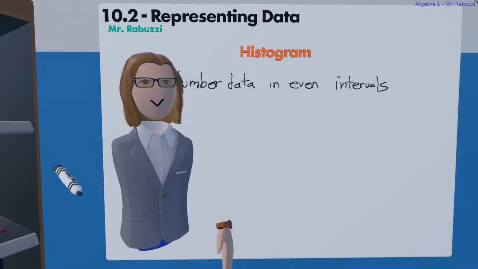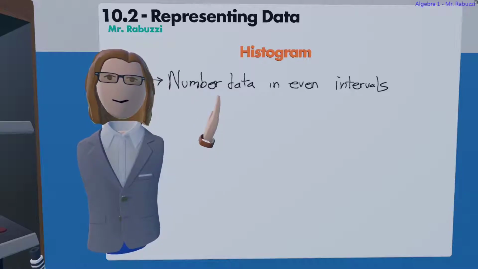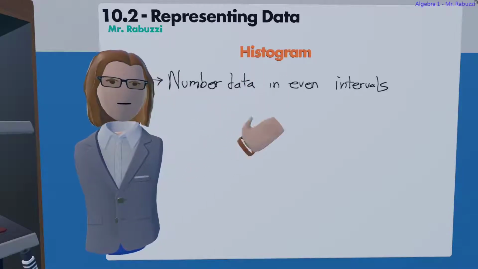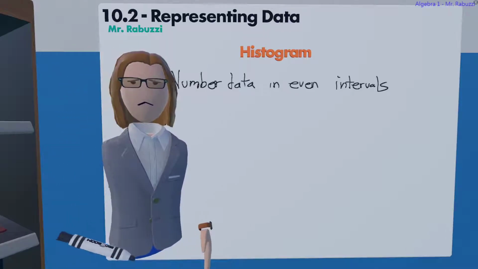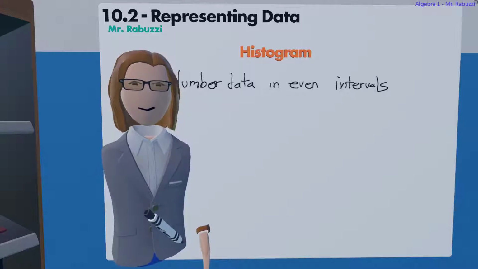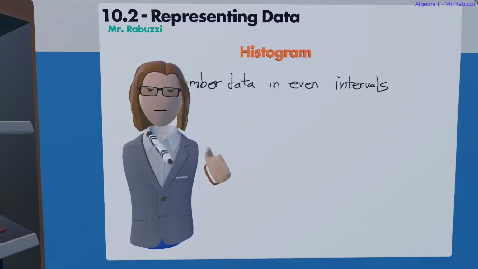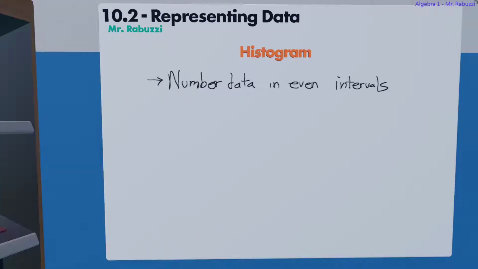You could do this with test scores. This is a good one for test scores again, right? You could say my groupings are 10, 20, 30, 40, 50, 60, 70, 80, 90, 100. So how many people got an A, which is 90 to 100? How many people got a B, which is 80 to 90, right? So you can check your score, and it should look like a nice curve.